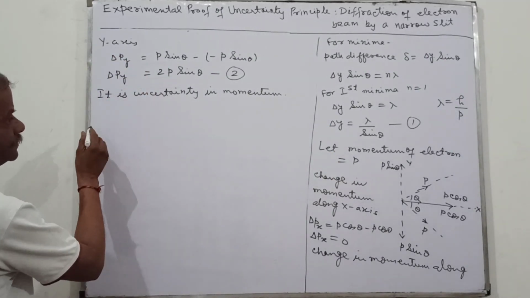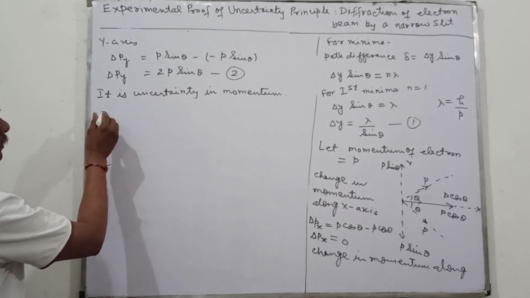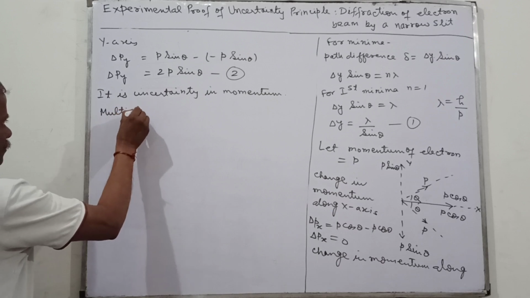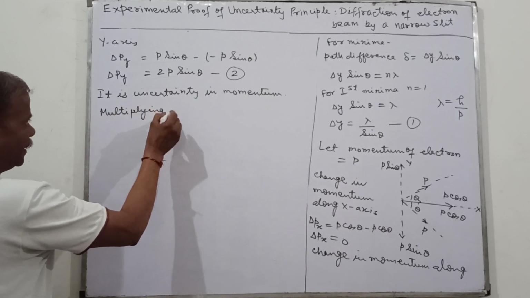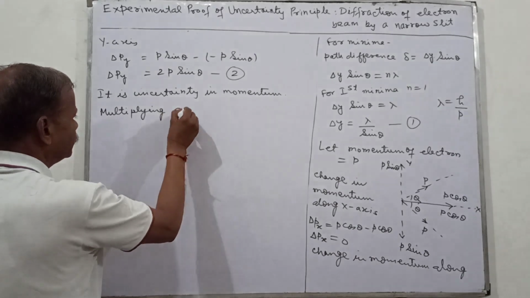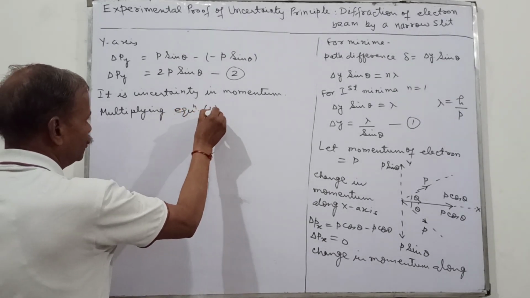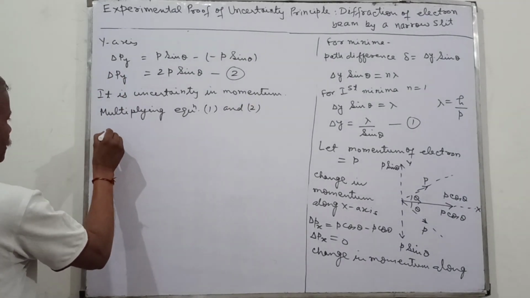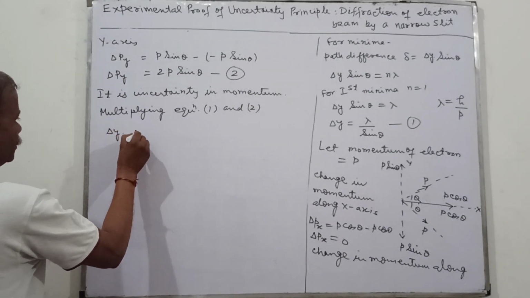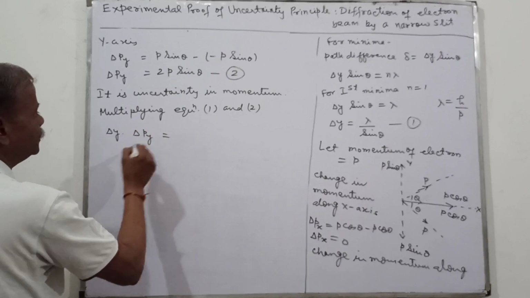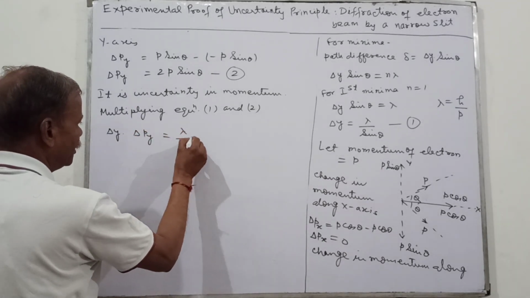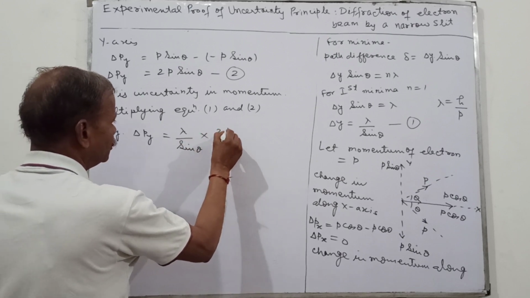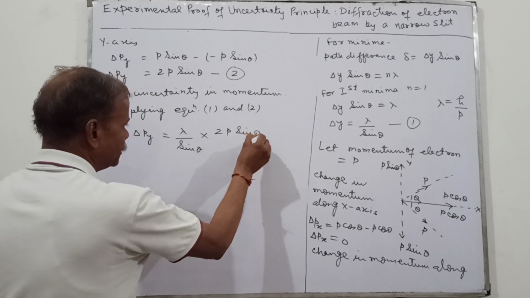So multiplying equation 1 and 2, what we have, this delta y into delta py is equal to lambda upon sin theta into 2p sin theta.